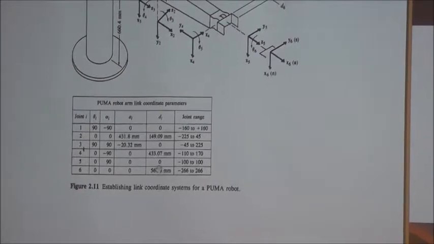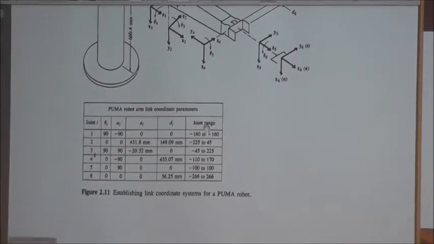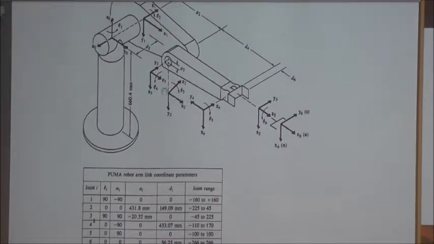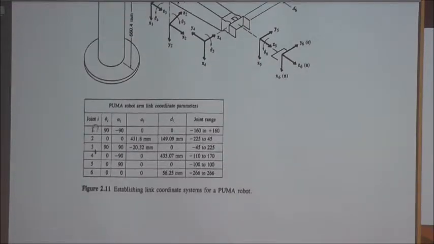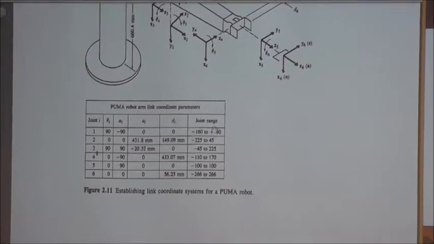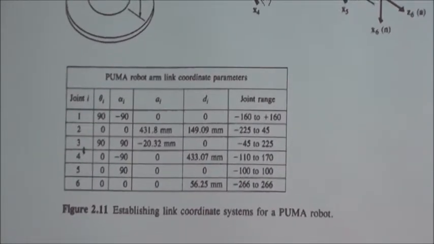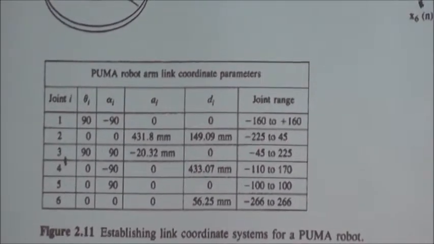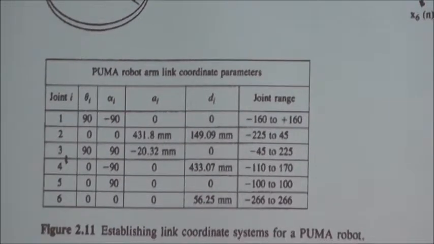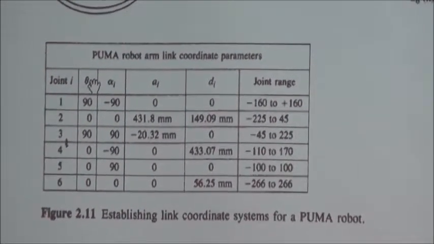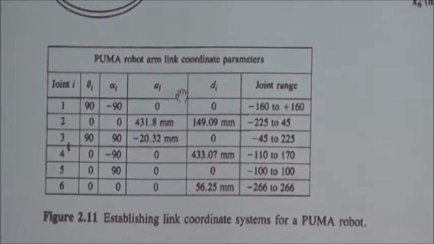When you order a robot, this table comes with it. In this particular configuration everything is fixed. But as you saw a few minutes ago, in reality, for a revolute robot like Puma or ABB, this theta is always the changing variable. Everything else is fixed.